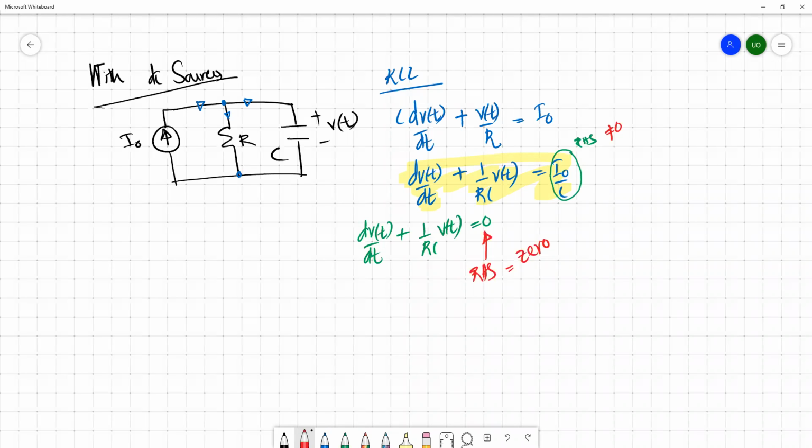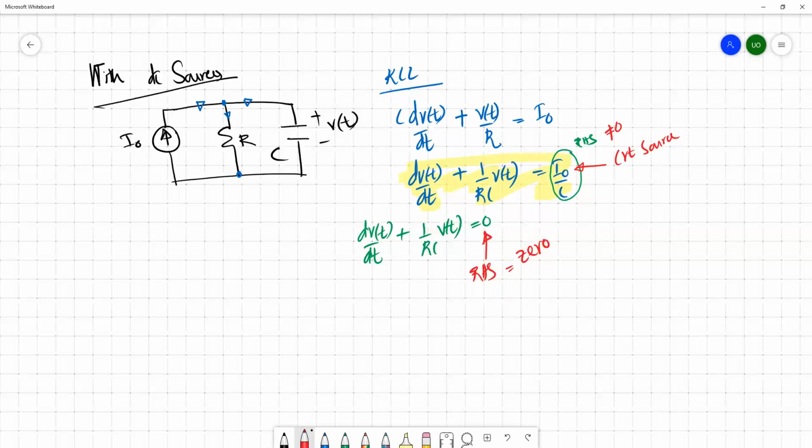It's with certain values. If you look at the quantity appearing on the right hand side, this I naught is the value of the current source.